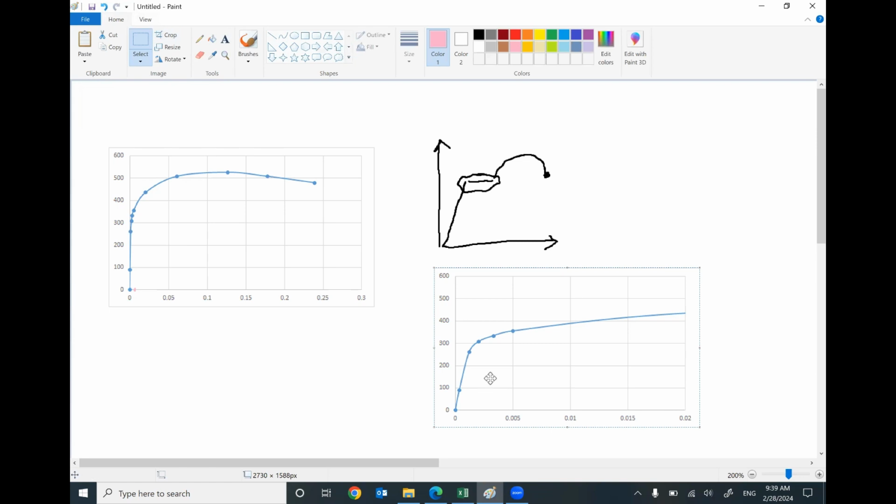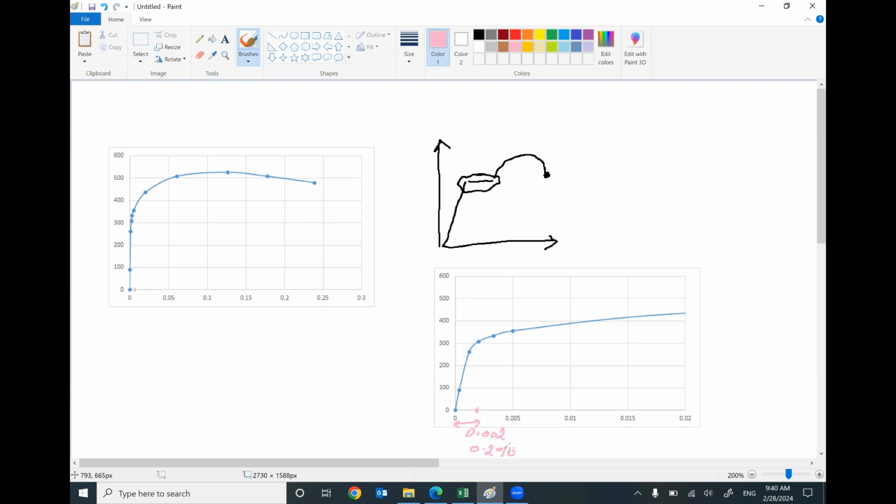So 0.002 looks like something here. Here you go. At this point. So this value will be 0.002, or 0.2%.